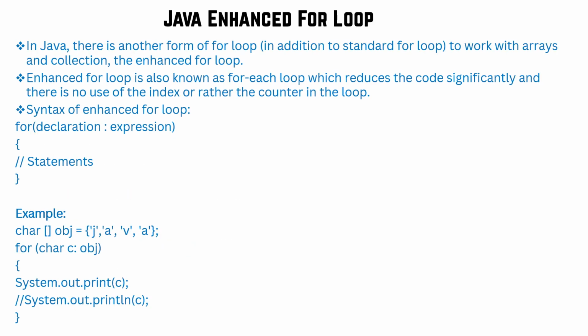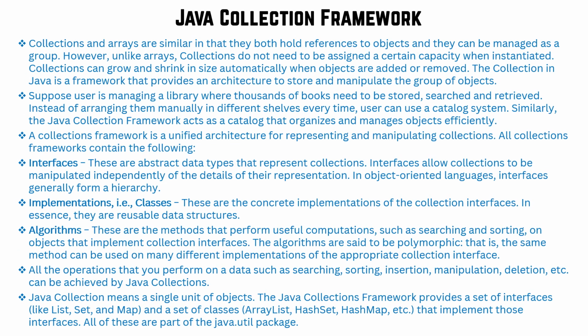An enhanced for loop, or for-each loop, will help you write code smoothly to operate on an array or the collection framework. Java collection framework: collections and arrays are mostly similar, as they both hold references to objects and can manage them as a group.